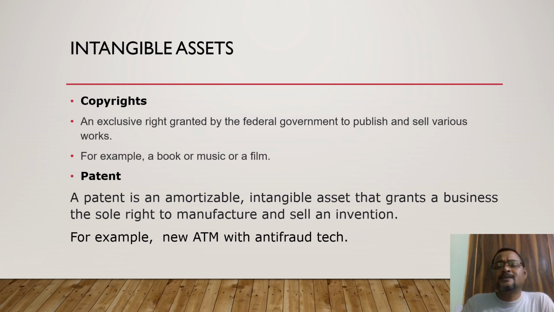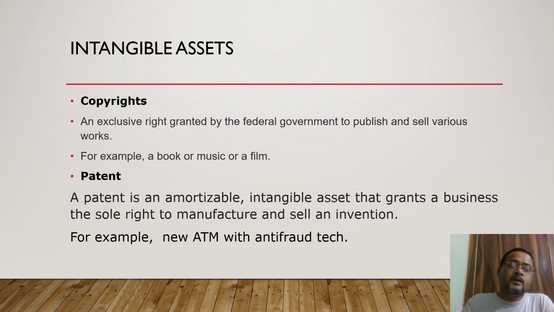A patent is generally granted as a license when a new technology is developed. If a new technology is developed and registered with the patent office, the United States has a very stringent patent regulation, and one has to apply to the patent office for the patent.